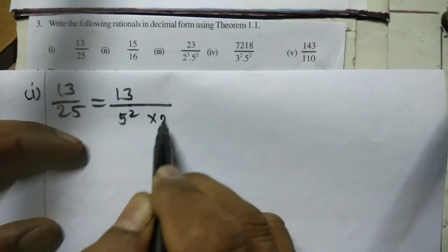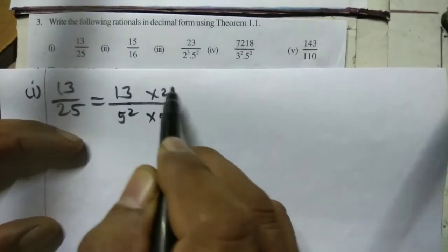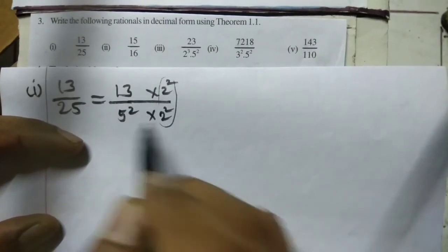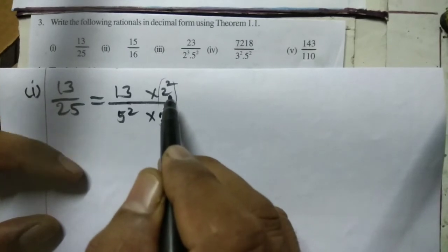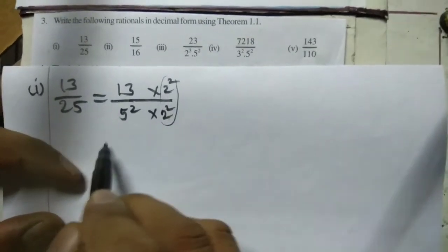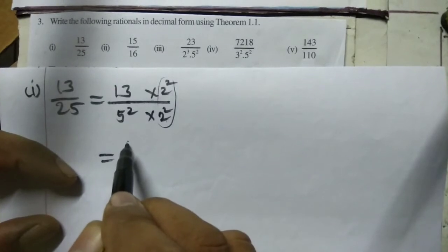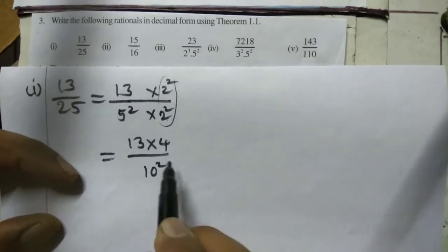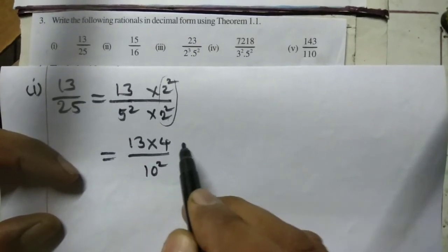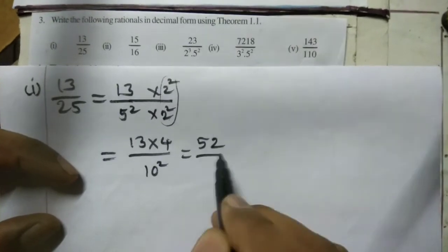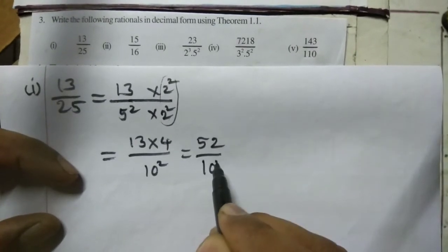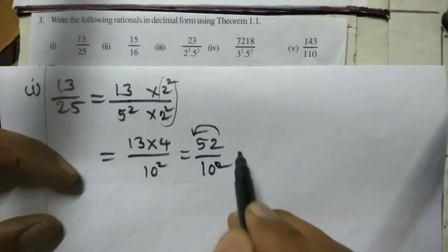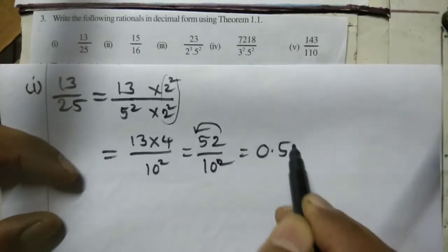We have to multiply both the numerator and denominator by the same number, 2 square. Now 13 into 4 by 10 square. 13 fours are 52 by 10 square. We have to keep two decimal places, 0.52.